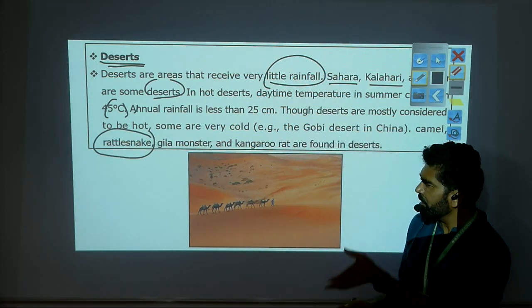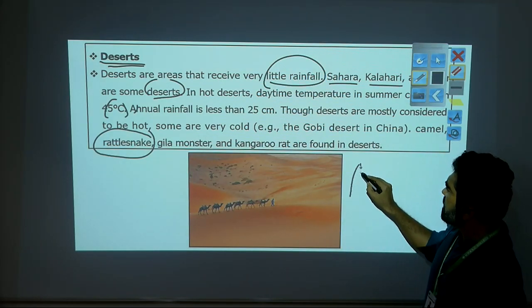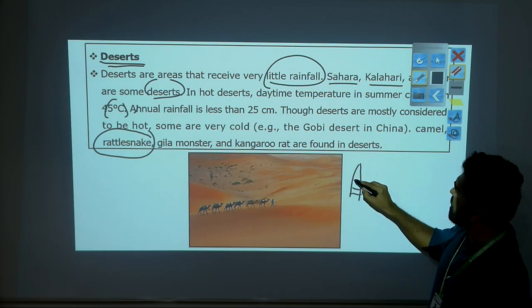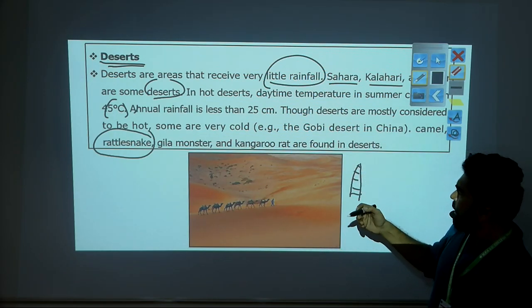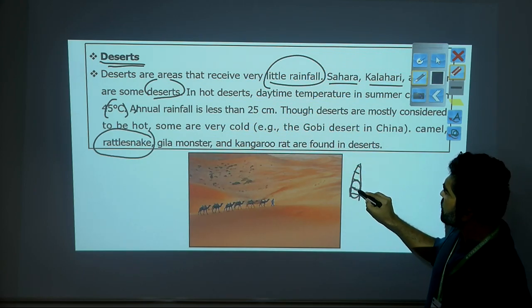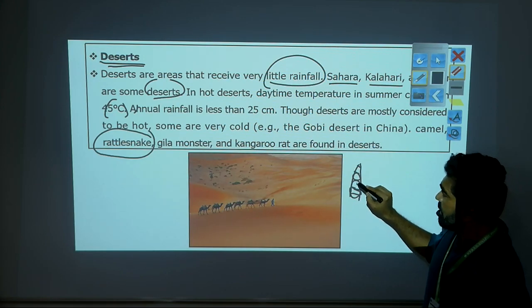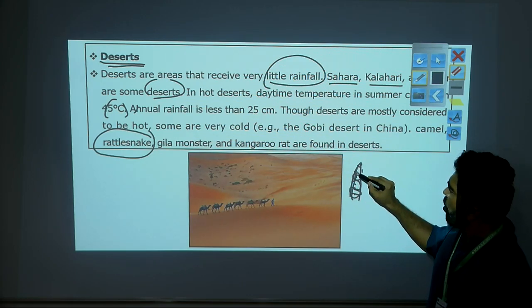When we see that rattlesnake, its tail is like this. It is segmented, and every year one segment, a dead segment, is present here and is not shed off, so it is continuous with its tail part, and it is hollow in nature.